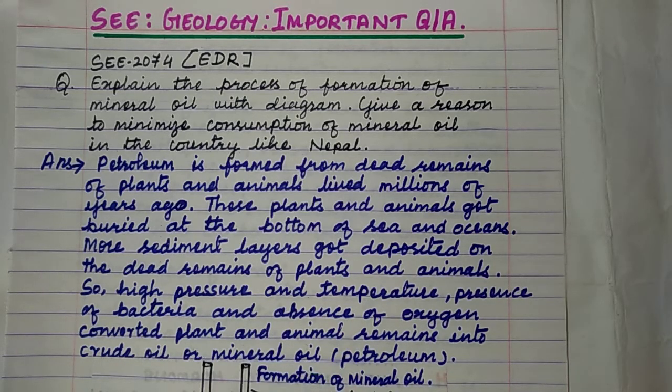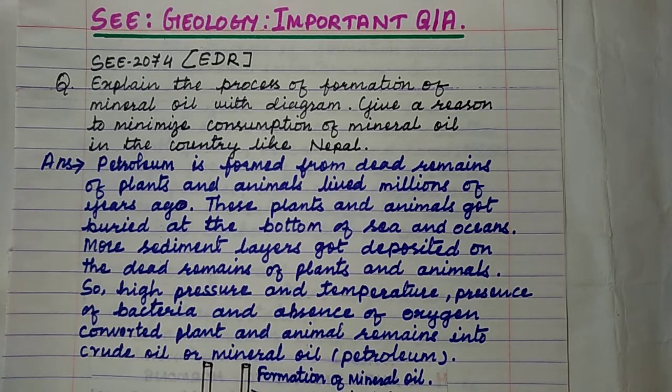Okay, and high pressure was given to those dead remains of plants and animals, and these got buried. And the high temperature deep inside the earth, high pressure, presence of bacteria and absence of oxygen. There was no oxygen. These organic materials got converted into crude oil or mineral oil, which is called petroleum. So this way the petroleum was formed.